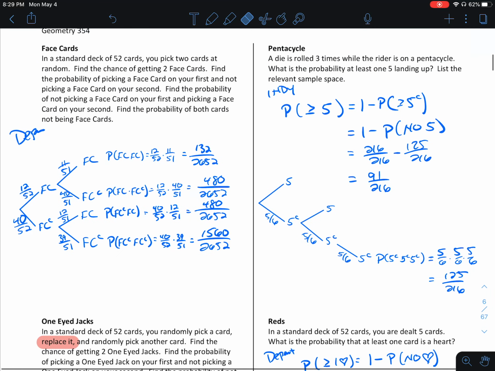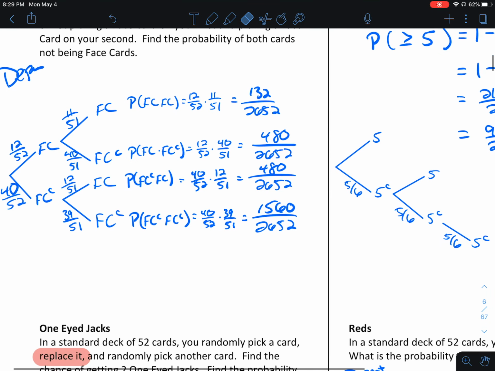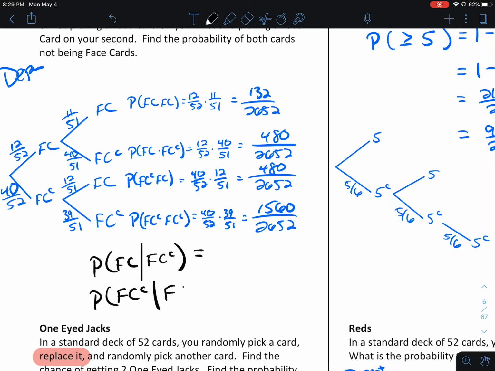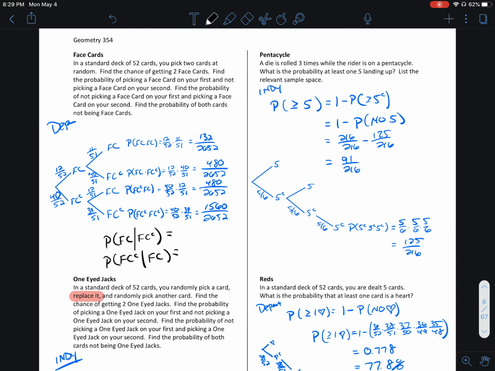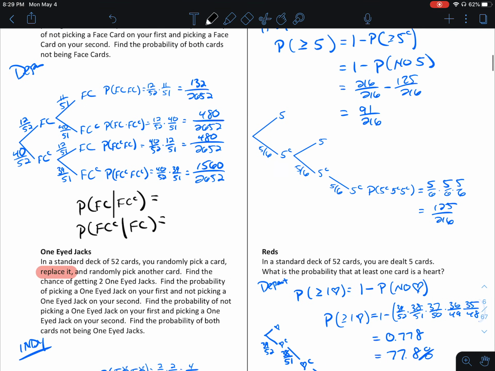Oh, that was the face cards. Yeah, let's do the face cards. Probability that you get a face card given that the first one that you got was the complement of a face card. And the second question, find the probability that you get the complement of a face card given that you got a face card the first time. And let's just end it there.